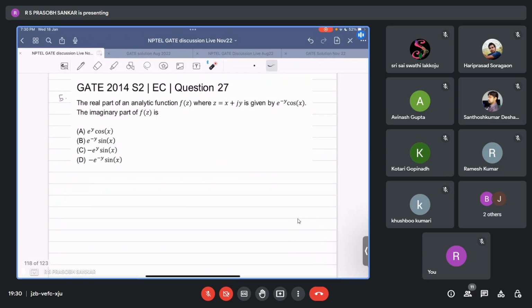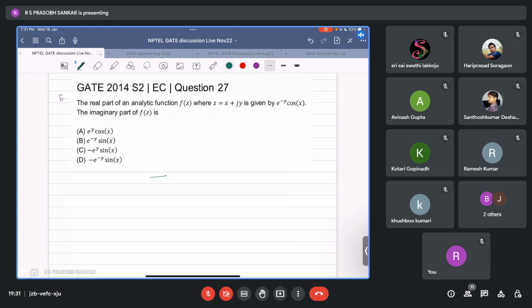This question is again slightly old, but I have seen some other questions also. The question is like this: the real part of an analytic function f of z, where z is x plus jy, is given by e raised to minus y cos x. Then what is the imaginary part of f of z?